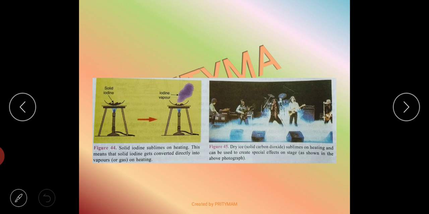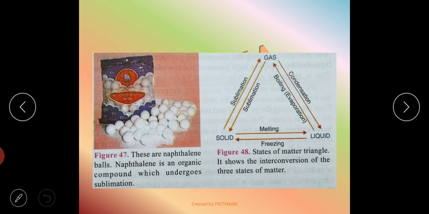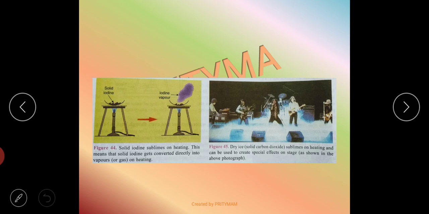Let us see the effect of change of pressure now. But before that, here you can see that solid iodine sublimes on heating, and this means that solid iodine gets converted directly into vapors on heating.